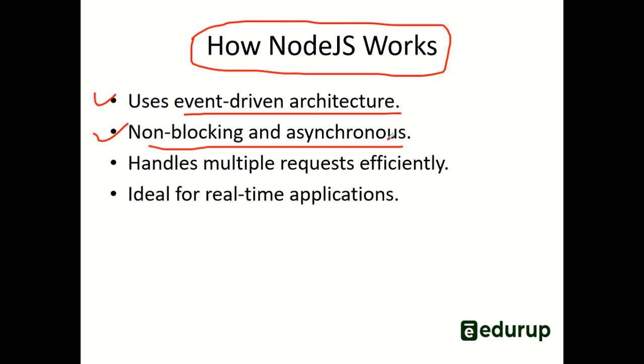This allows Node.js to handle many concurrent connections and input-output operations, like reading files or network requests, efficiently. Node.js is used to read files, and network requests also sometimes. Node.js is fundamentally designed for a non-blocking and asynchronous concept.